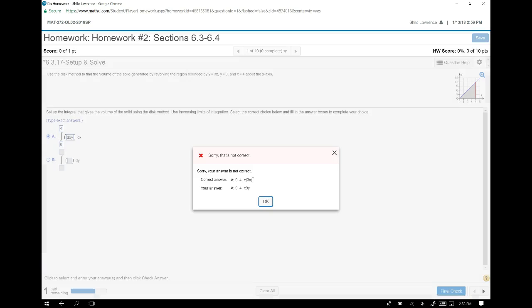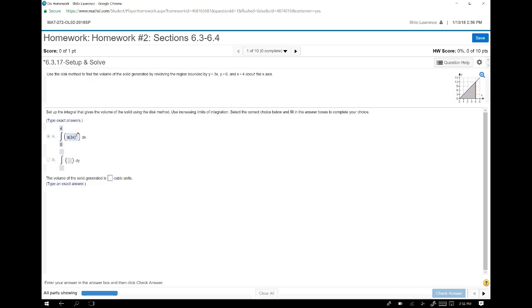So when I do my final check, it says, sorry, your answer is not correct. The correct answers would have been limits of 0 and 4. It says choose option A, limits of 0 and 4, and your integrand should be pi times 3x squared. So I should have squared my 3x like I said earlier. So, okay, that's what I should have done. You have the option to do this again.